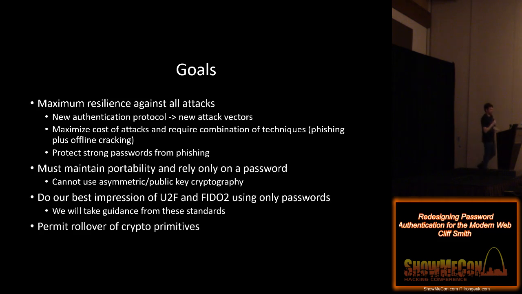Goals, what are we trying to do with this new system? We want to resist all of these attacks as best as we can. Now, if we design a new authentication system, there's going to be a new set of attacks that we have to defend against. There are going to be some server-to-client attacks that we need to defend against, and we will do that. We want to maximize the cost of attacking a user and getting their password. And one of the biggest ways we do that is that we're going to set things up so that even if the attacker phishes us, sniffs traffic, whatever, instead of having the plain text password, they have some big old massive bytes.